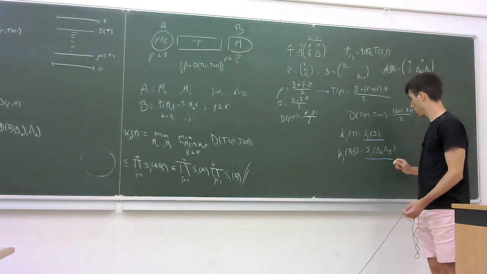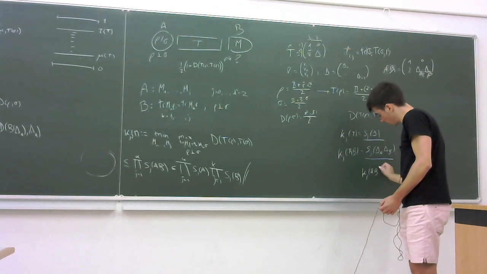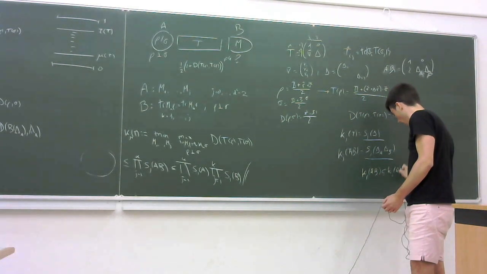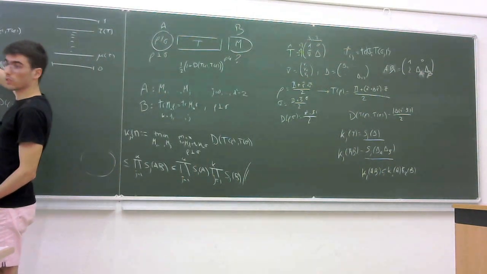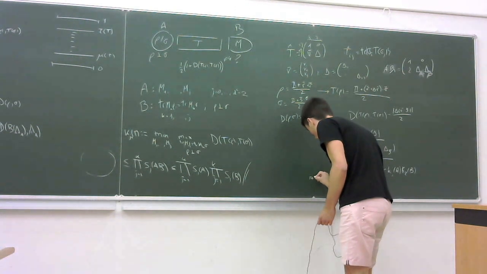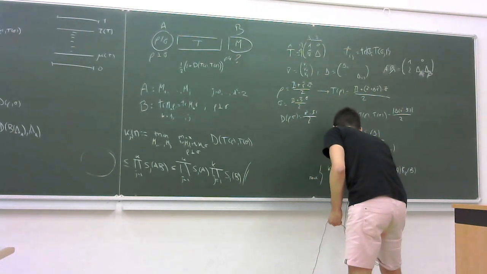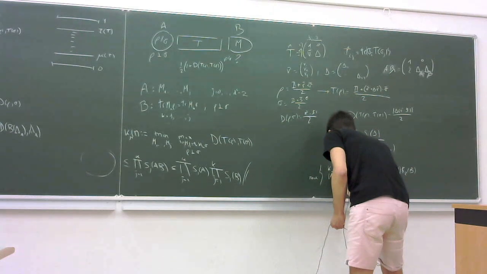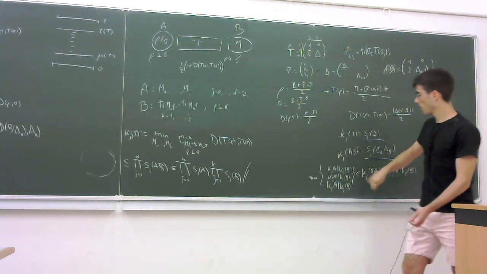So for instance, K1 of the composition is bounded by K1A times K1B, which is this, but we can also lower bound by the maximum of this combination.